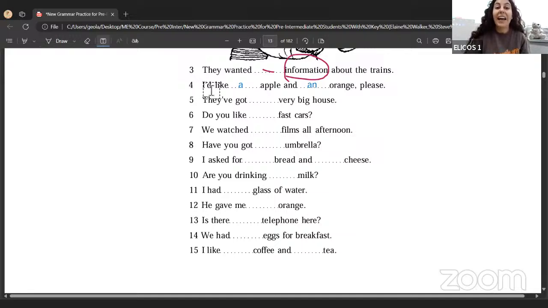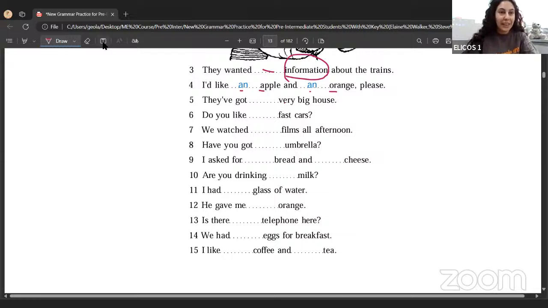So remember, I'd, which comes from I would. I'd like an apple. We know because we could see it starts with a vowel. A vowel, remember, A, E, I, O, U. So we have to say an. So I'd like an apple and an orange, please.